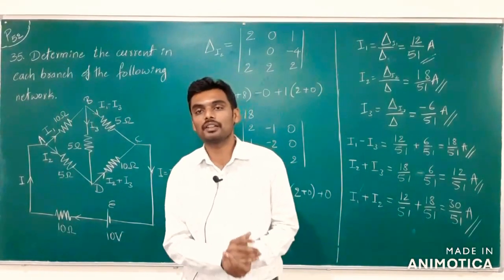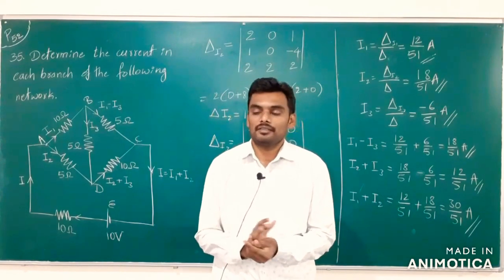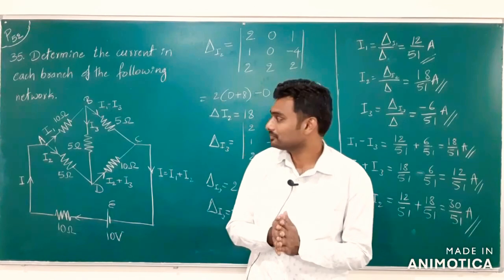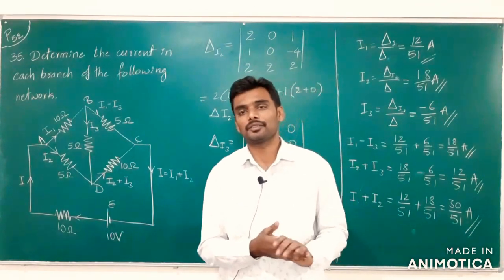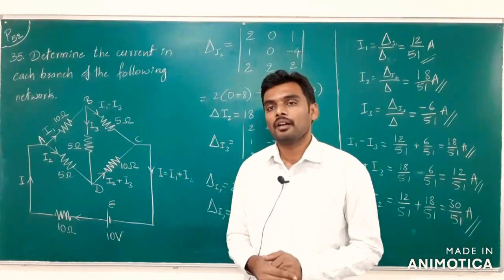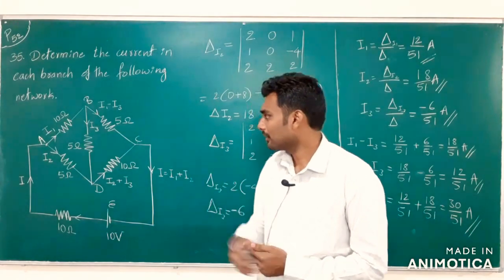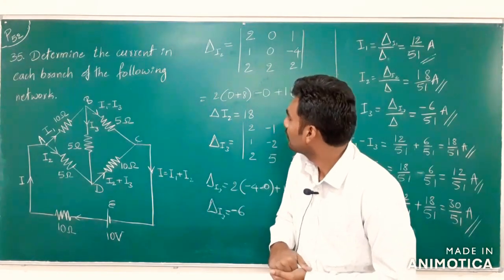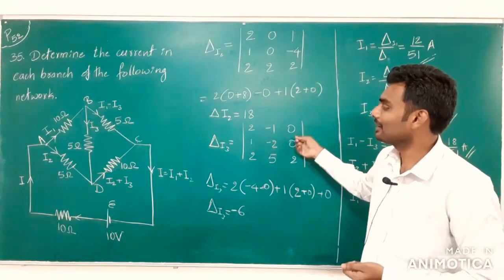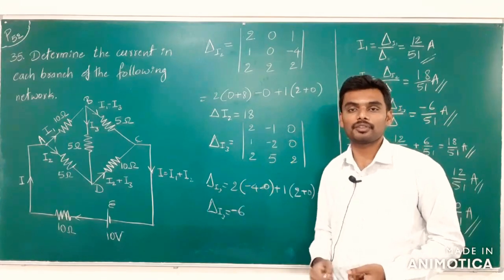Yeah, you might feel the problem lengthy, the solution lengthy, but again, practice makes the speed, it makes you faster. And again, here it is not necessary or mandatory that you must make use of Kramer's rule.